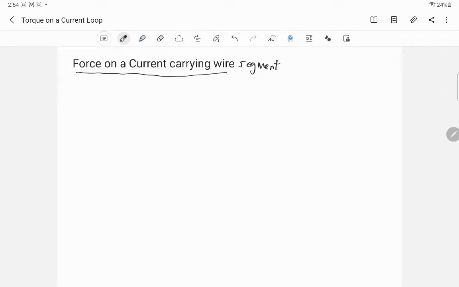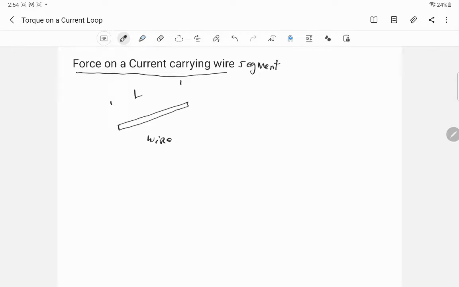And so what we imagined was there was some segment of wire. So here's some wire, and it has a length that is, say, L from one end all the way to the other.